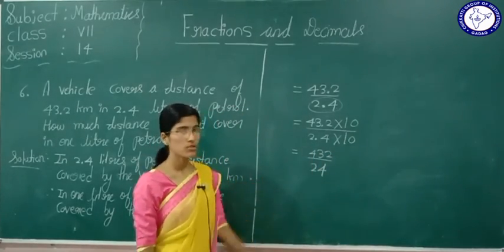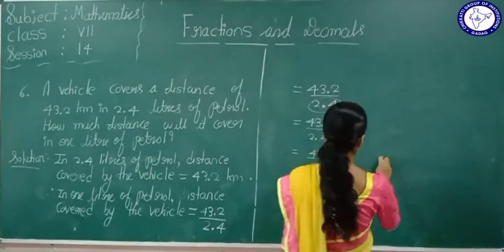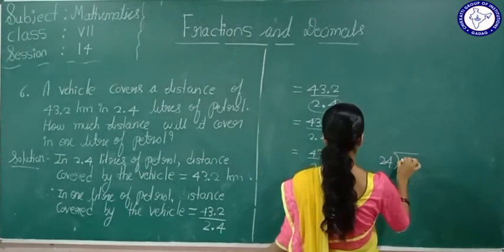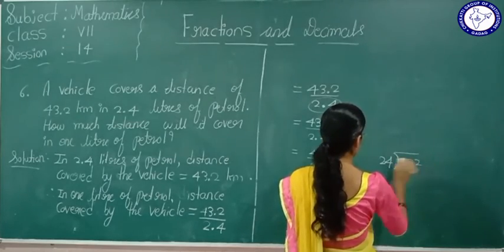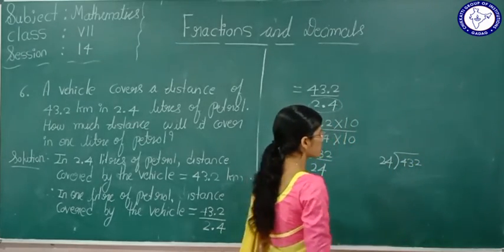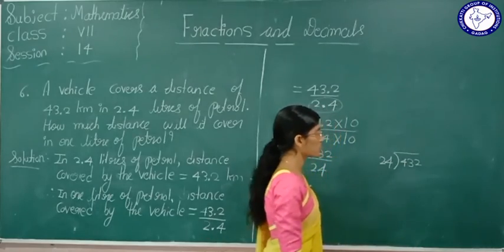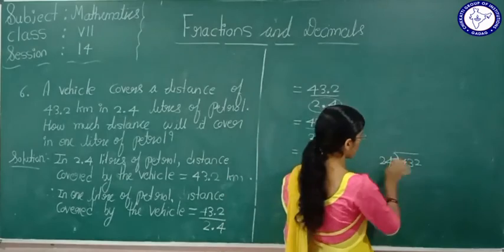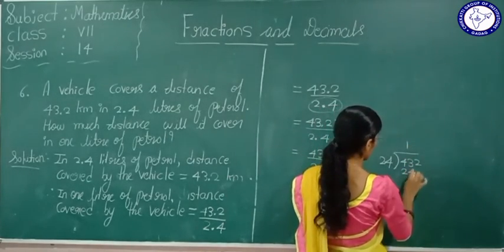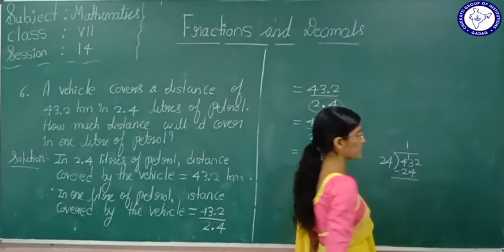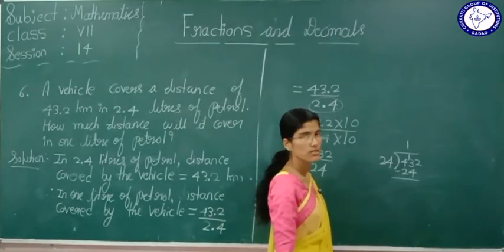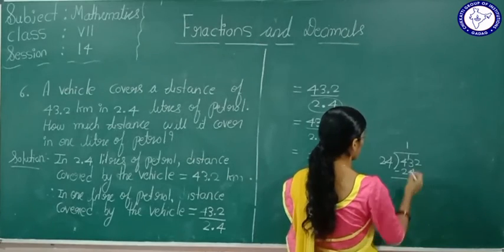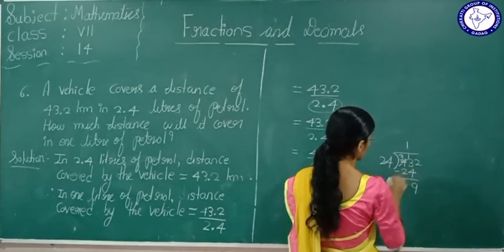Now you know how to divide this, yes or no? So 432 divided by 24. 24 ones are 24, 24 twos are 48, it will write. Now 24 ones are 24. So 43 minus 24 is 19. Okay. Here it will be 3. 3 minus 2 is 1.